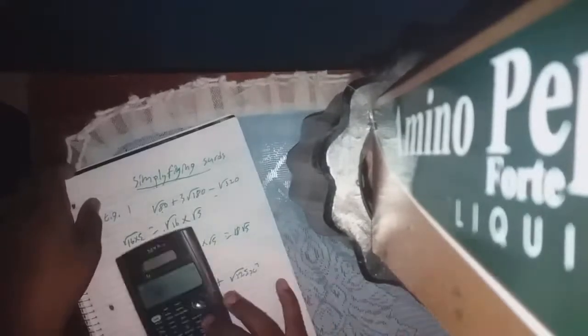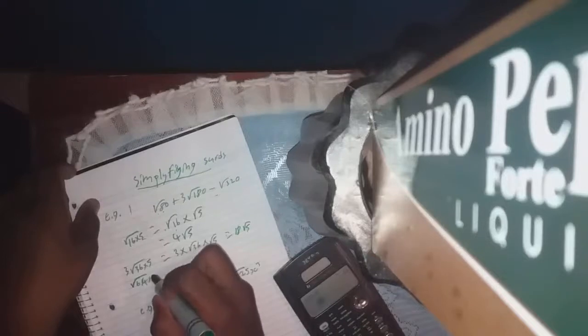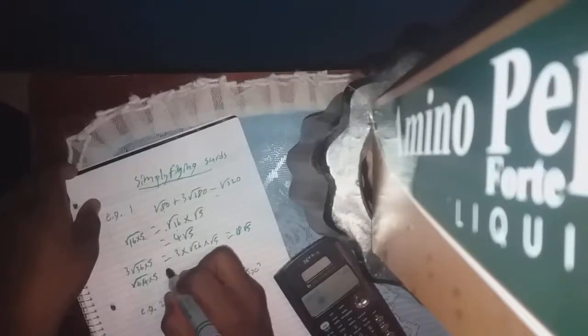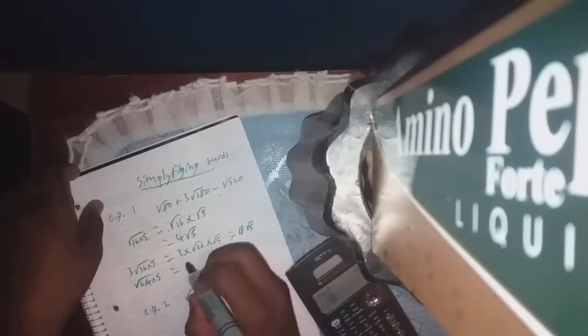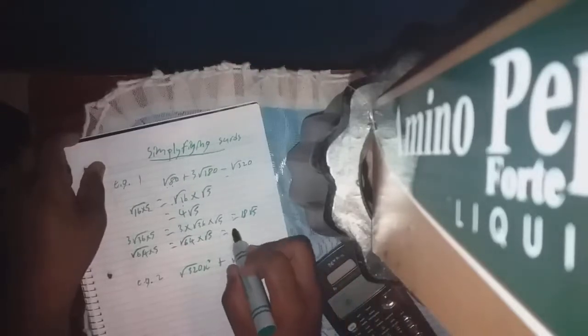Then you can go ahead, divide 320 by 5, and we get root of 64 times 5, which would give us root 64 times root 5, and you know root 64 is 8, so this would in turn give us 8 root 5.